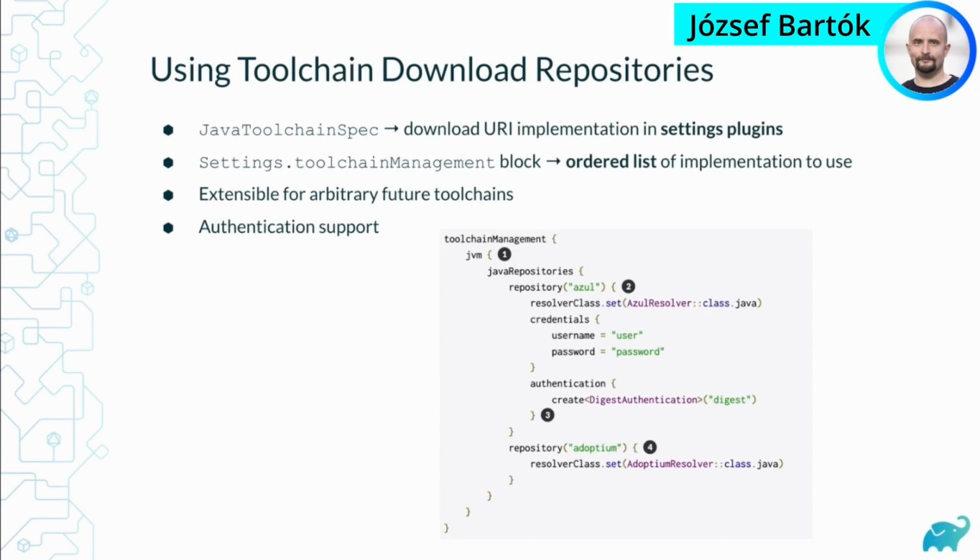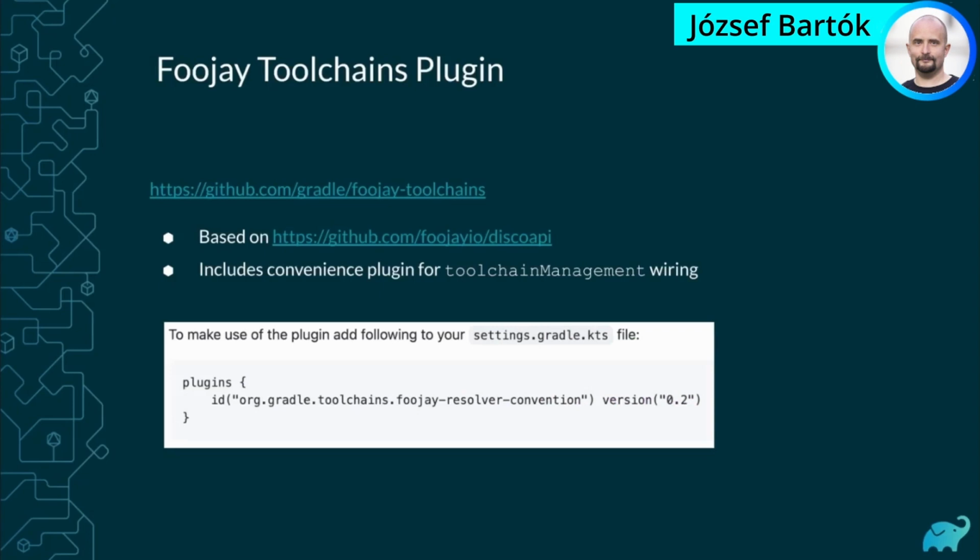It also has the full authentication support which we have for the regular type of repositories. So this is not really strictly tied to the 7.6 release now that we have decoupled from it, but we already have released our official implementation of such repositories. It's at that link provided, and it's based on the Foojay Discovery API and provides a pretty extensive list of JDKs you can download.